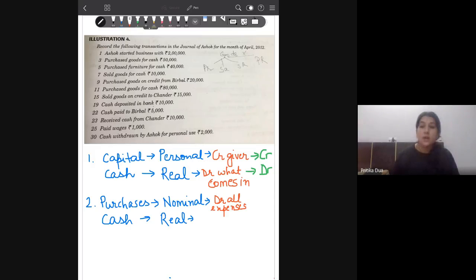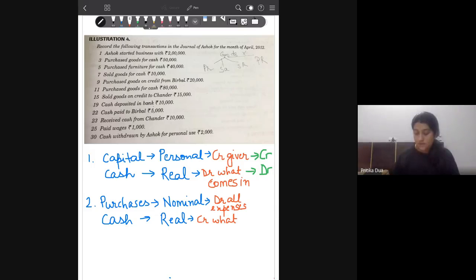When I make a purchase for the business, cash is going out of the business. So credit what goes out. So very clearly I have the account to be debited and the account to be credited in this transaction.